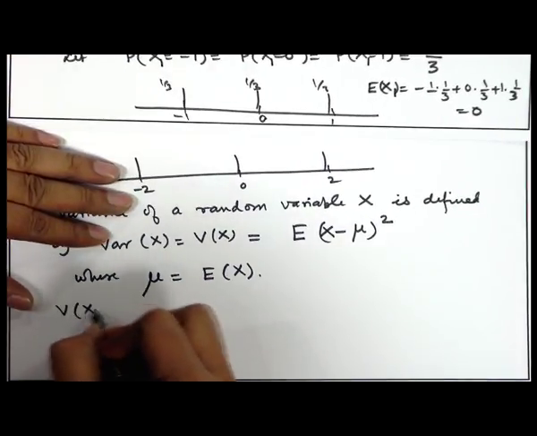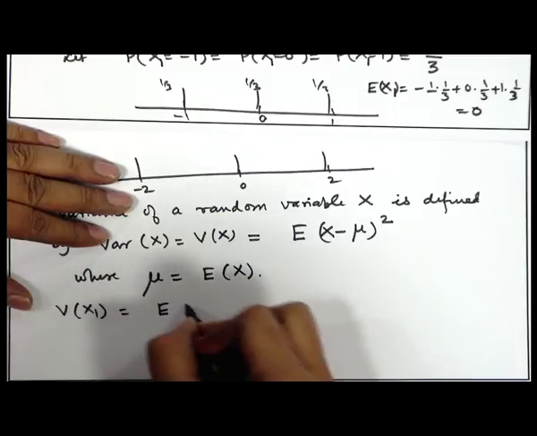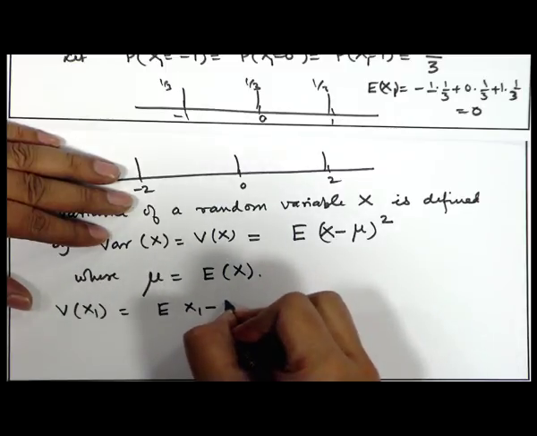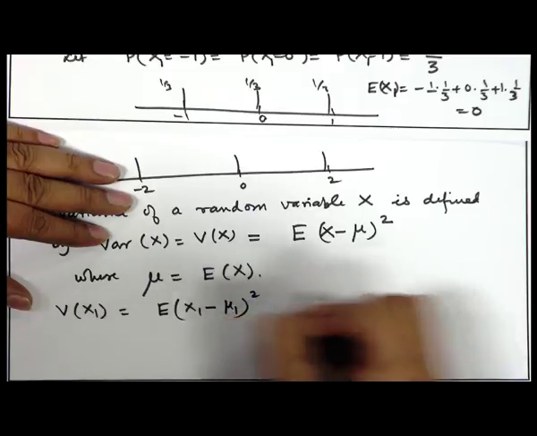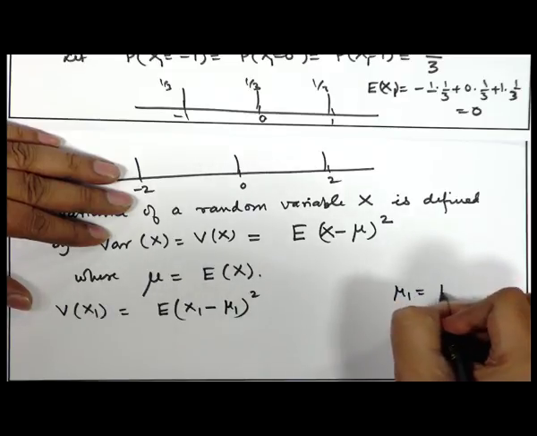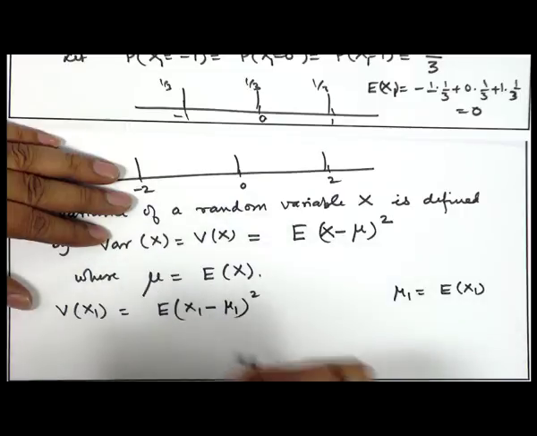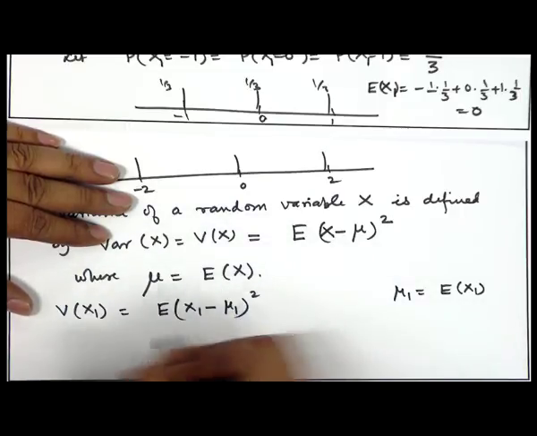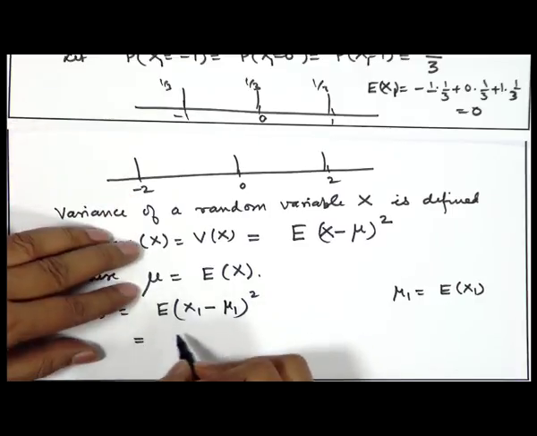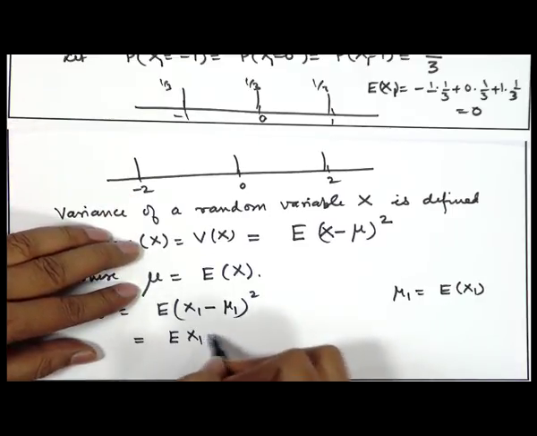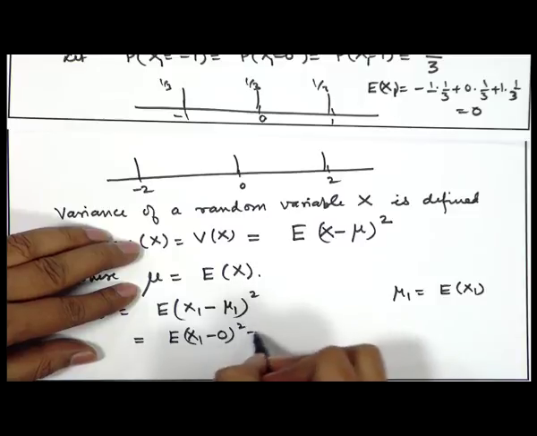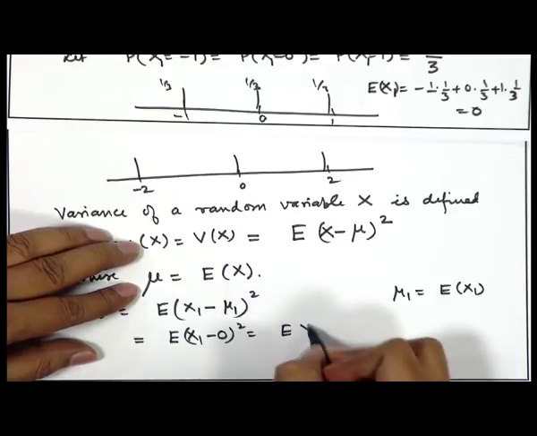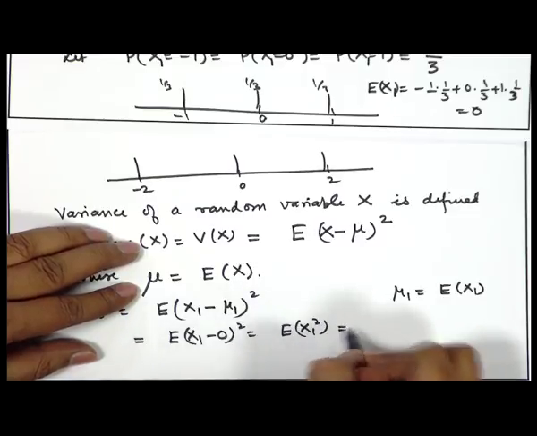Variance of x1, that is expectation of (x1 minus mu 1) square, where mu 1 is the expectation of x1. Obviously, here mu 1 is 0. So, this value is equal to expectation of (x1 minus 0) square, that is expectation of x1 square.